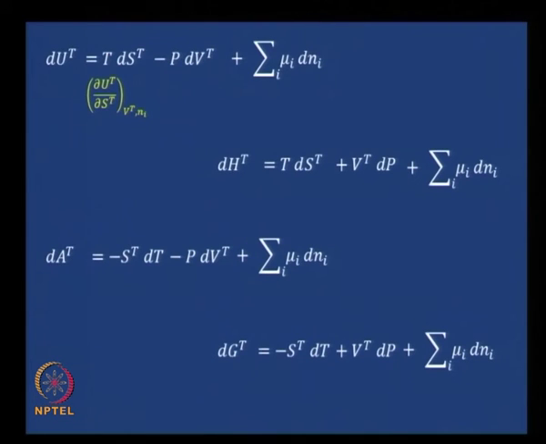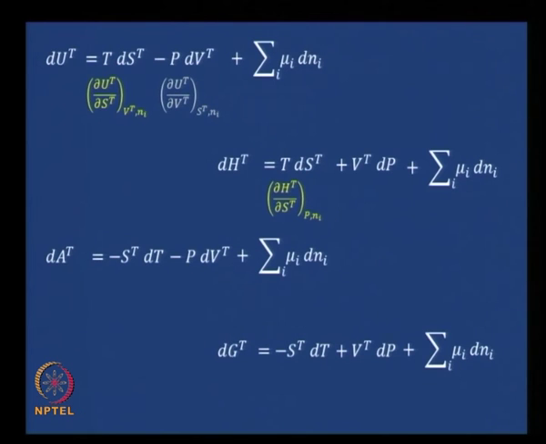Let us look at it in terms of writing a total differential in terms of its partial differentials. This term, as you can recall, can be written as ∂U_t/∂S_t at constant V_t, n_i, and both these held constant, and this term can be written as ∂H_t/∂S_t at constant P and n_i.